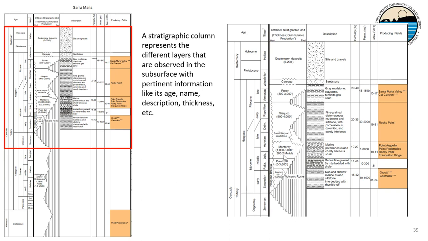In the middle Miocene, we'd have the Monterey Formation, which is a marine sediment of porcelaneous and cherty siliceous shale. Above that, we would have the Sisquoc Formation, which is a fine-grained diatomaceous mudstone with siltstone, and we see these sandy interbeds. And above that are mudstones, claystones, and turbidite sands.